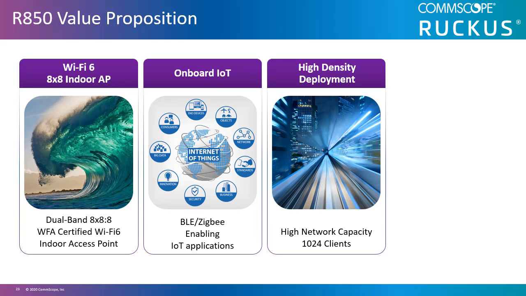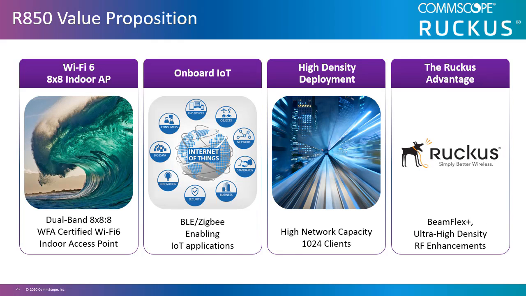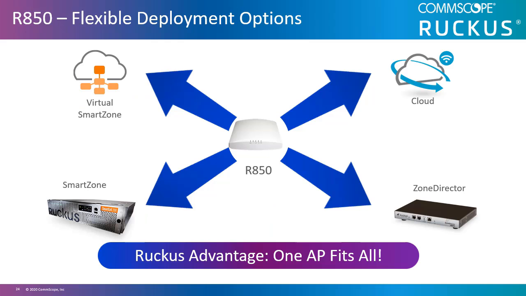It also includes multi-user MIMO and OFDMA technology, and it has all the advantages of Ruckus technologies such as BeamFlex, ChannelFly, transient client management, per packet adaptive transmit power, adaptive Wi-Fi cell size, airtime decongestion, network capacity utilization, and other such features. Whether you're deploying 10 or 10,000 APs, the R850 is also easy to manage through our collection of on-premise or cloud-based management options.